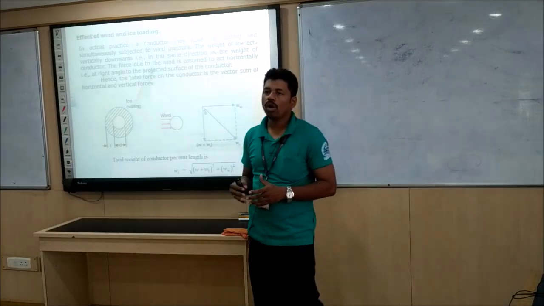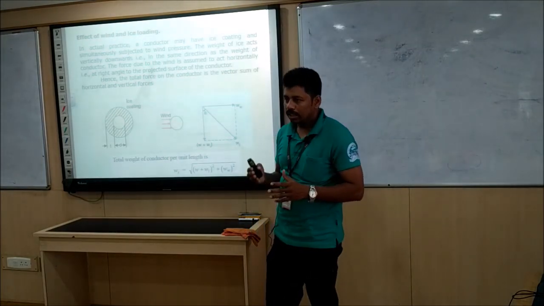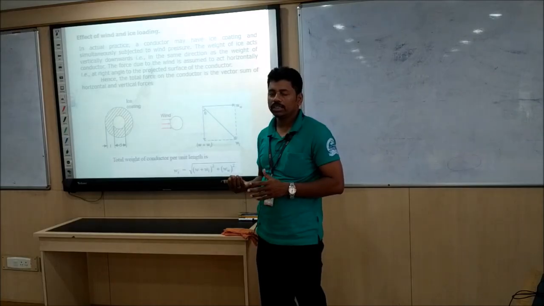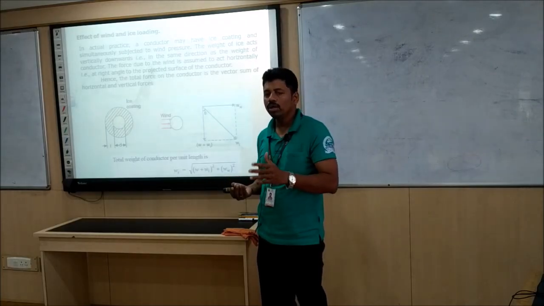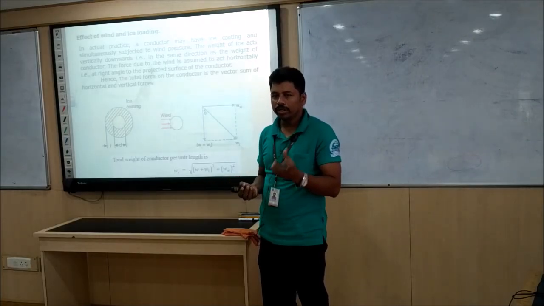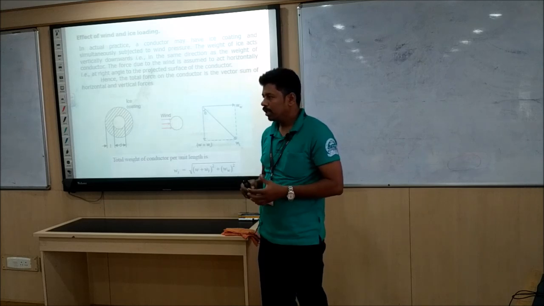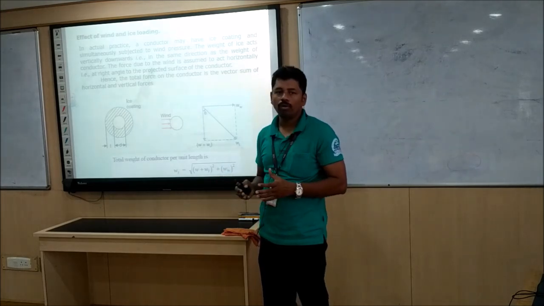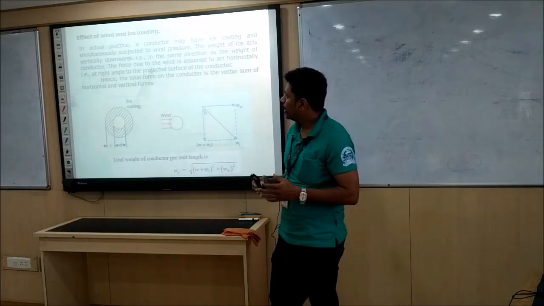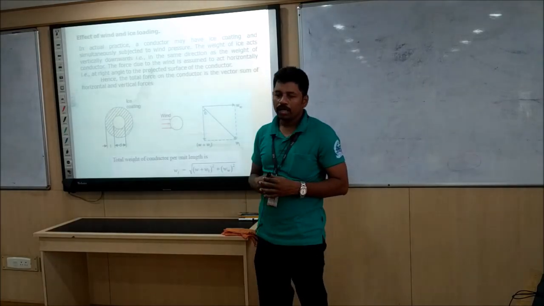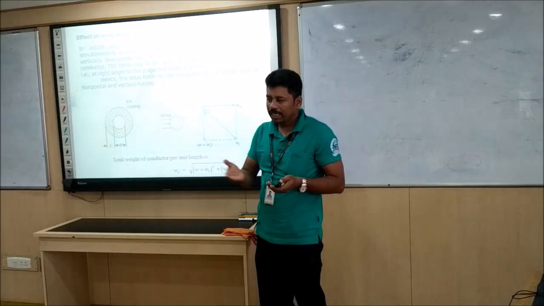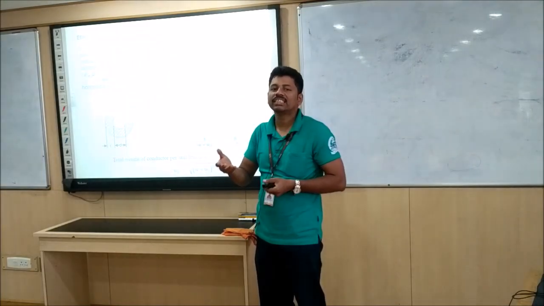But practically, if you go and implement a transmission line, the force which we consider for calculation is only the vertical force due to weight, and the tension due to its own self-weight. But is it the case in the practical system? No, because due to the wind blowing, sometimes it will get tilted, and that is called a slant sag.